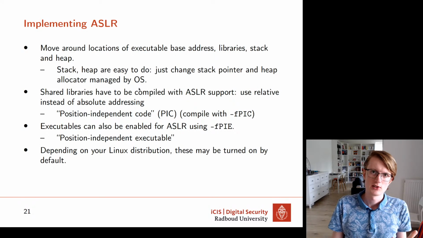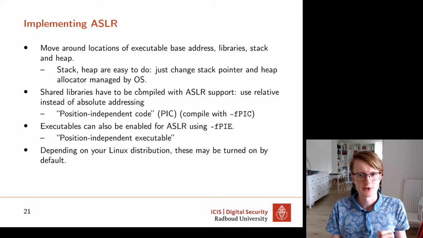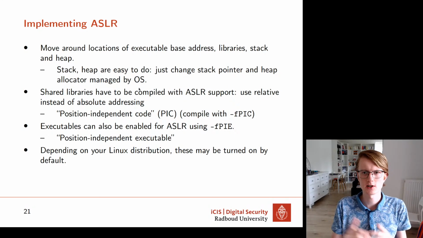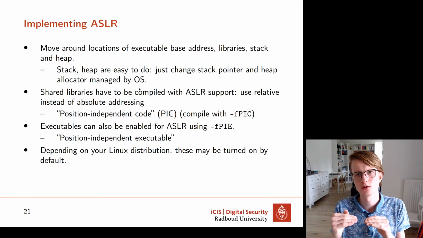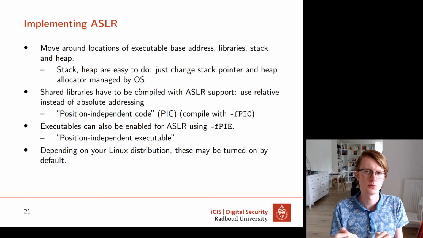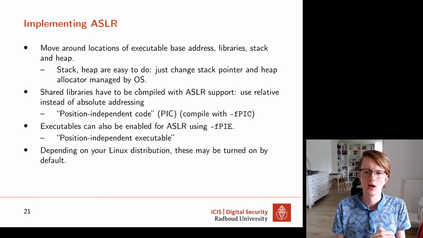Depending on your Linux distribution, all of this may be turned on by default. And that's more or less how it works. It moves things around by adding or removing some offset to where it's going to be in memory.